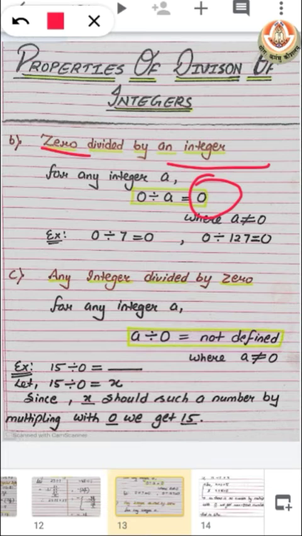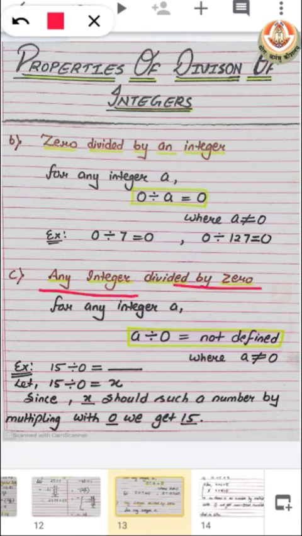Now, third one is exactly opposite to the second one, which is when any integer is divided by 0. Okay, divided by 0. Let's take an integer a.